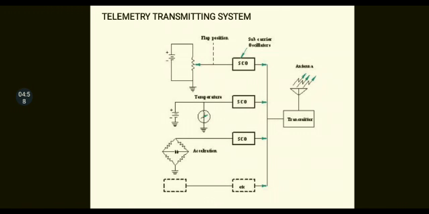The only thing we need to do at the receiving end is tune to whatever is required. Say I want to measure acceleration, I need to tune only that one, so that frequency will show the information regarding acceleration only.